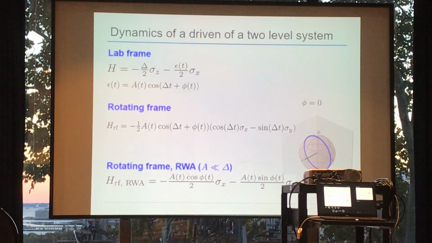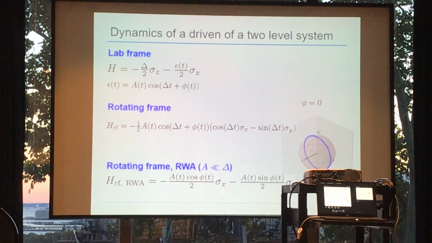And there is a standard approximation, the rotating wave approximation, which brings the Hamiltonian to this form here. This rotating wave approximation simply considers that high frequency components in this Hamiltonian can be disregarded, because these high frequency components average out during the qubit evolution. So in the rotating frame, the Hamiltonian is written in this way.